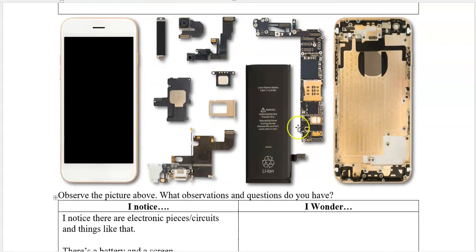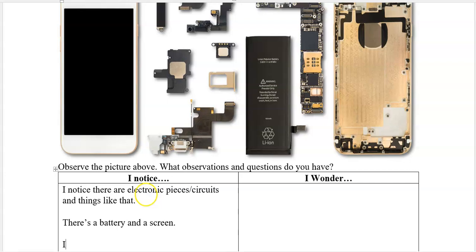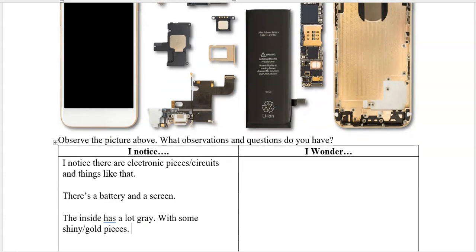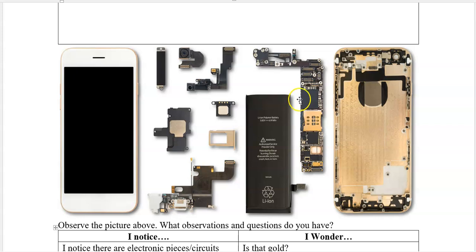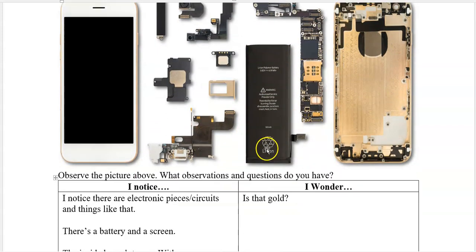I don't know, the inside has a lot of gray with some shiny gold pieces. Oh, I wonder if that's actually gold. Maybe that's why phones are so expensive. Oh, a big chunk of what's inside is the battery. I mean, the battery, that's like 1/3 of the space inside the phone right there is just that battery.